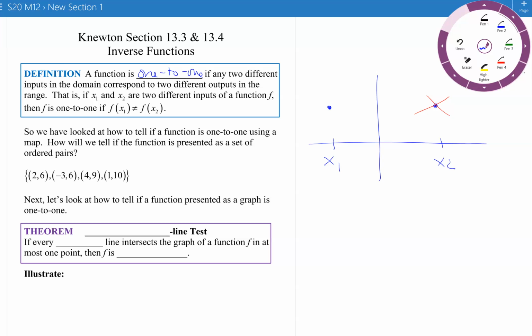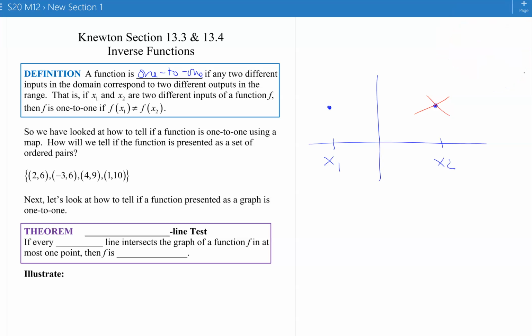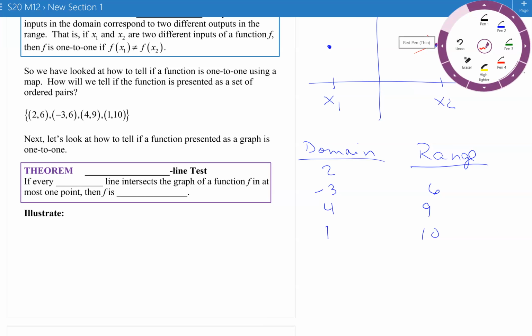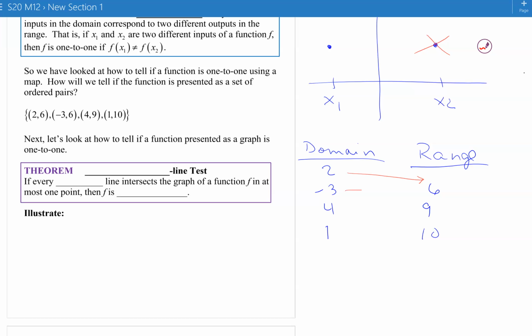So what if the function is presented as a set of ordered pairs? Well, let's look at it in the arrangement of a map. So 2, -3, 4, and 1 are our domain items. 6, 9, and 10 are the range. 2 corresponds to 6. -3 corresponds to 6. 4 corresponds to 9.